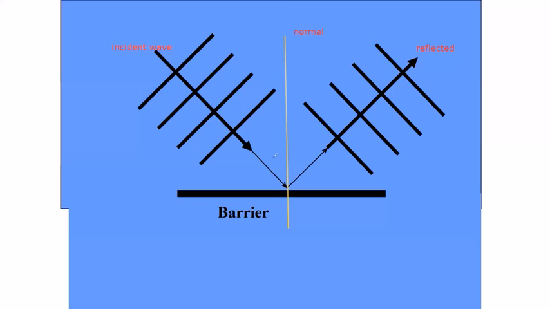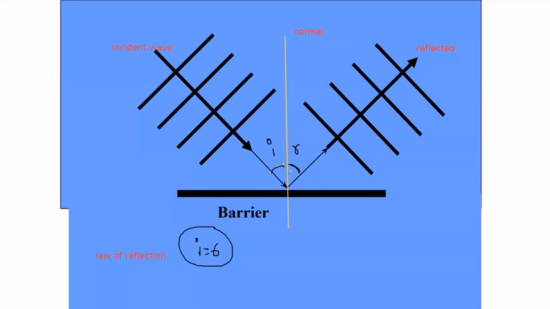If we measure the angle between the incident and the normal, we call it the angle of incidence. And if we measure the angle between the normal and the reflected, that is called the angle of reflection. According to the law of reflection, the angle of incidence is equal to the angle of reflection.